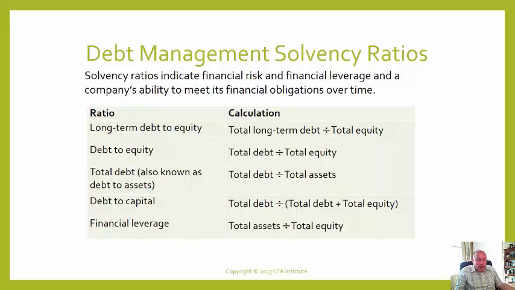And this is oftentimes just called the leverage ratio, and it measures the amount of assets supported by each dollar of equity. For example, a value of 3 would mean that each dollar of equity supports $3 of assets.